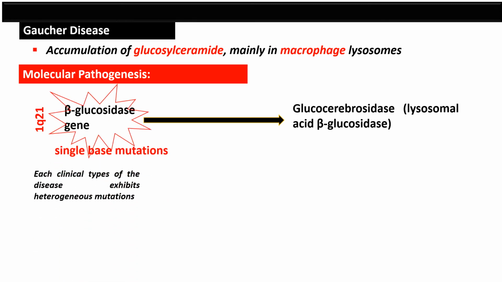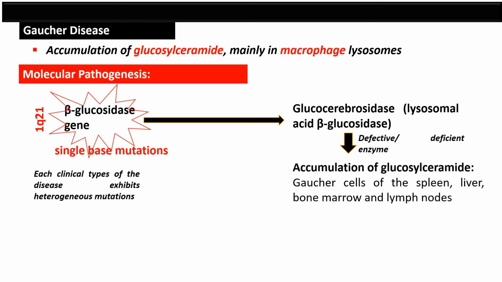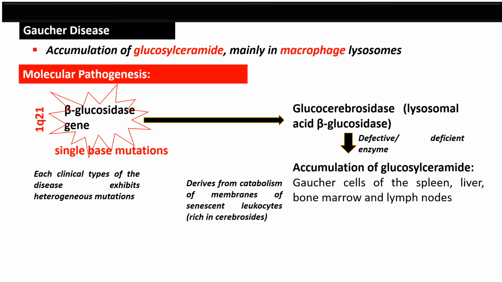It is mutated as single base mutation, and each clinical type of disease exhibits some heterogeneous mutations, and when it is defective or decreased, it will result in accumulation of glucosylceramide within the cells, especially the macrophages and other cells of the reticuloendothelial system or any other cells in the body.